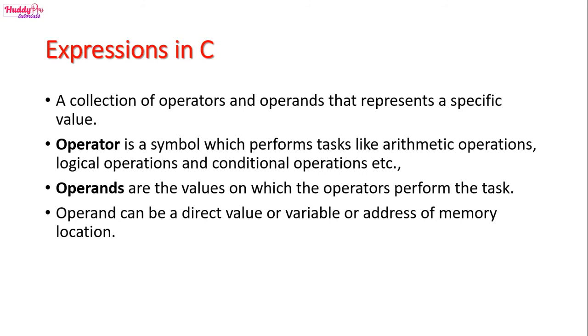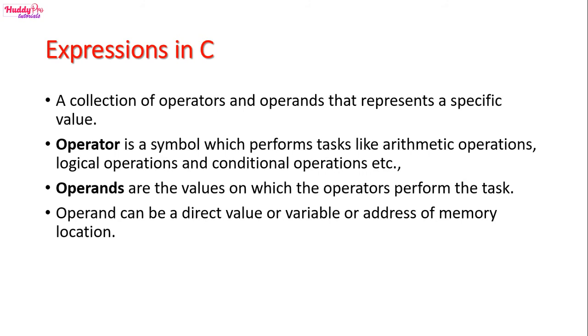Now, an expression is a collection of operators and operands that represent a specific value. An operator is a symbol which performs tasks like arithmetic operations, logic operations, and conditional operations, among others. We've already seen operators. And an operand is a value on which the operator performs the task.